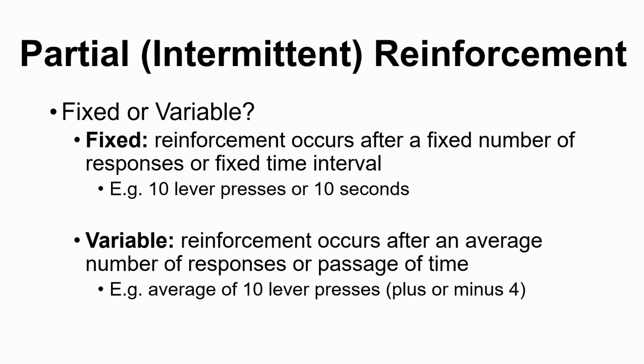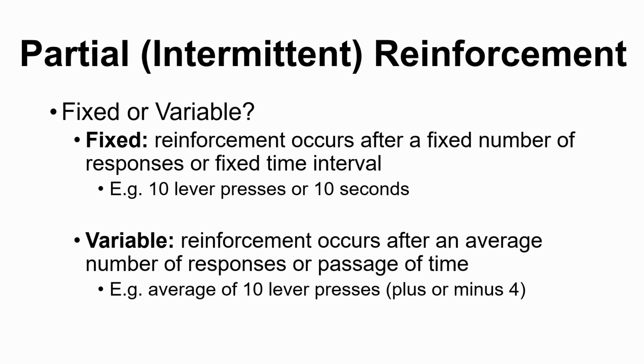It doesn't change. The other one, our variable schedule, is when reinforcement occurs after an average number of responses or an average passage of time. So this is when we introduce variability, hence the name.